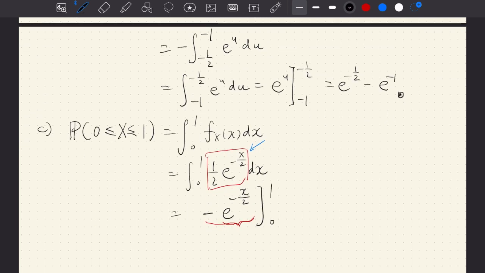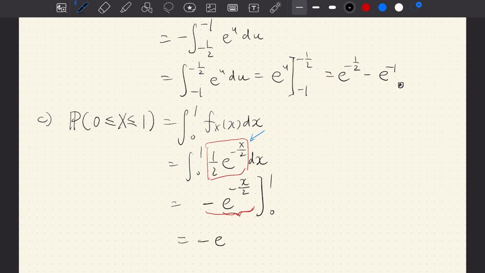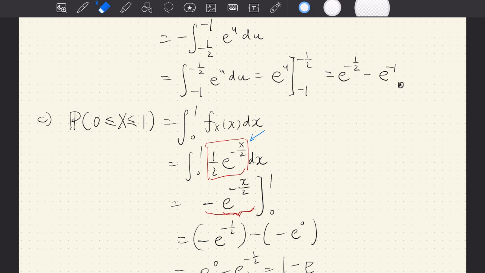Okay. So you can evaluate this by writing this is equal to negative e to the negative 1/2 minus negative e to the 0, right? So this is equal to e to the 0 minus e to the negative 1/2, which is 1 minus, sorry, this is not 1/2. Oh yeah, it's 1/2 too. So 1 minus e to the negative 1/2.